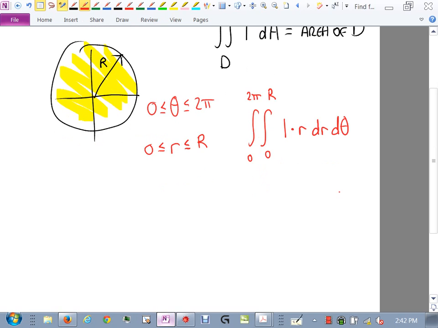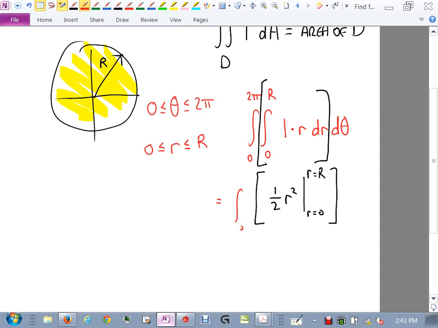And now let's just do the integration right here. Can you do the antiderivative of r with respect to r? Half r squared, right? So this is going to be 1/2 r squared, and I'm going to replace r with what? 0 and capital R, right?